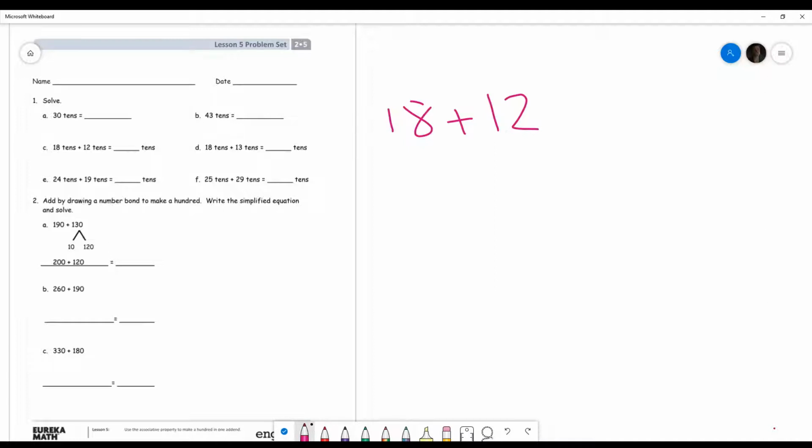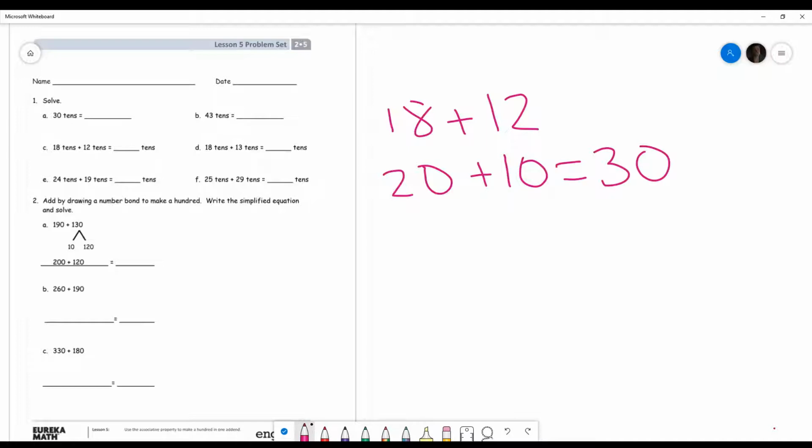Now what's an easy way I could break out this problem? I could take the tens, and I know there's 2 tens, so I have 20 plus 8 plus 2 is 10. So that equals 30.